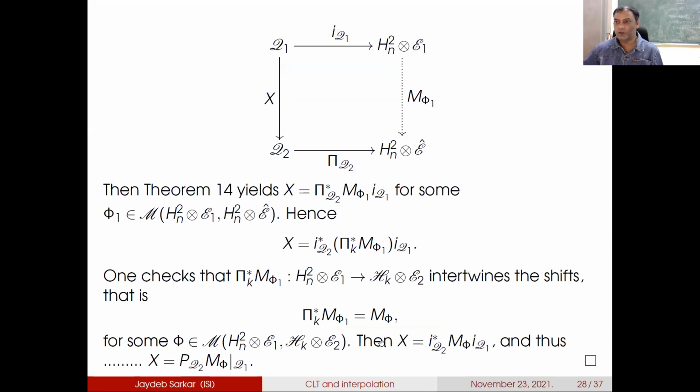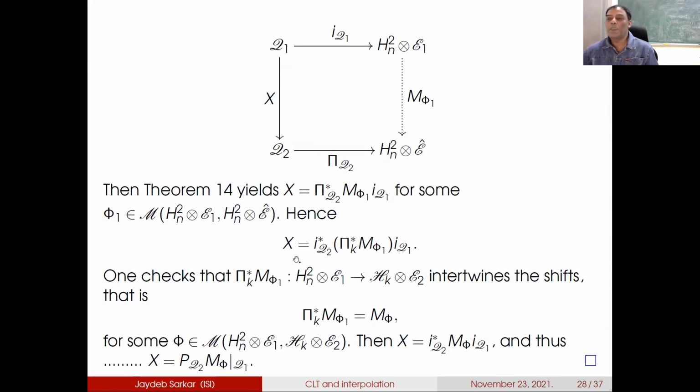And then you are in this picture. So Q1 and Q2 are given, X is given, this intertwines the corresponding compressions, and you have the dilation here, which is the inclusion, and here is the dilation which is assured by the previous theorem. And then our previous observation, which is the dilation version of CLT, gives you the existence of phi1, and that completes this diagram.